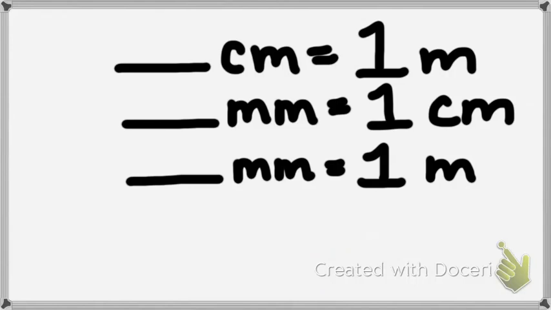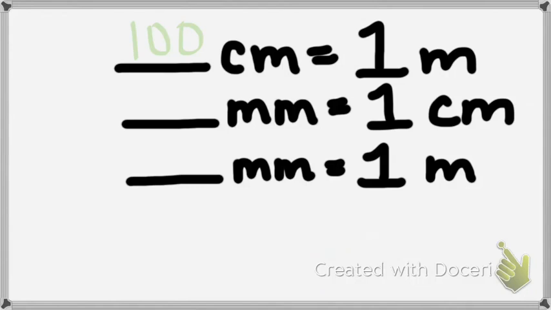Okay, so let's go ahead and get started. Does anybody have how many centimeters are in 1 meter? Say it again. 100. Who told me that? Excellent job, Isabel. So it's 100. Everybody okay on that? 100 centimeters equals 1 meter. Everybody okay on that one?